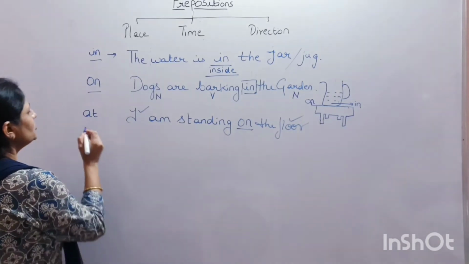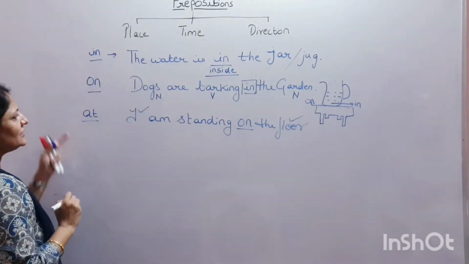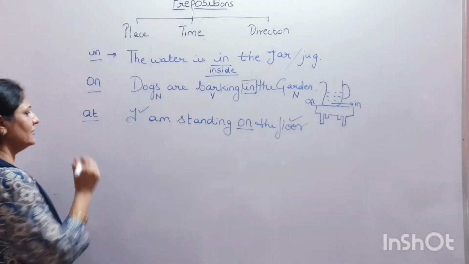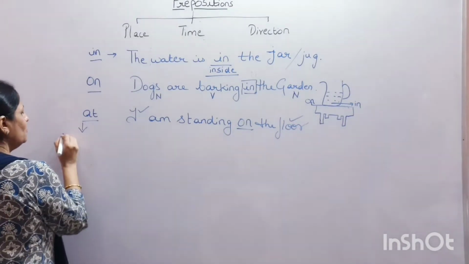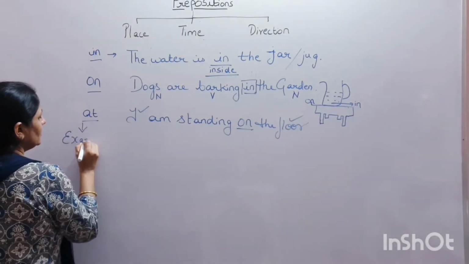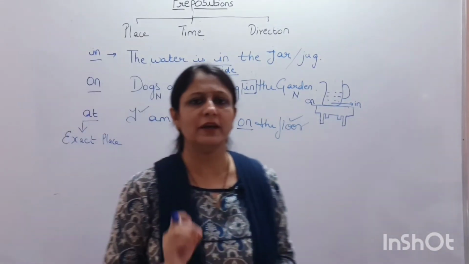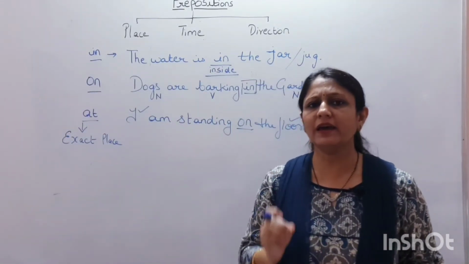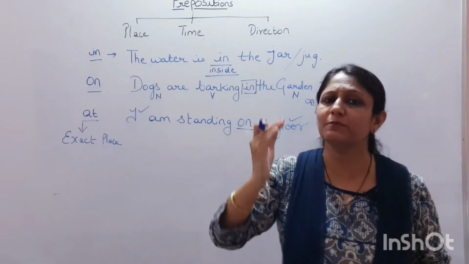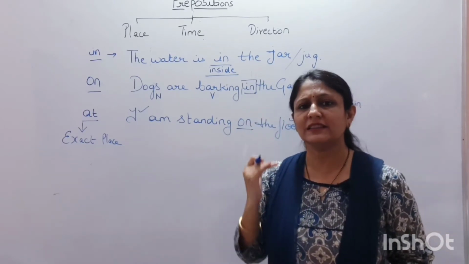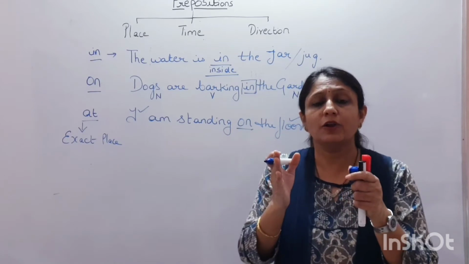Now coming to the last preposition of this series, that is at. At is used to tell about the exact place. At is normally used to tell where a thing is exactly placed or where a thing is exactly located.